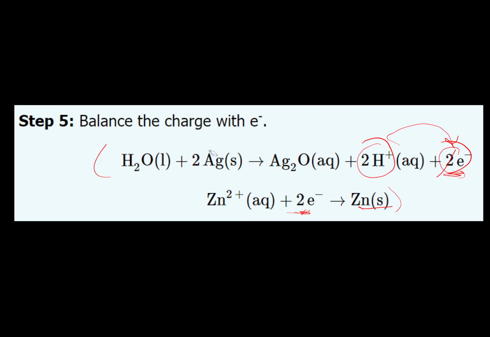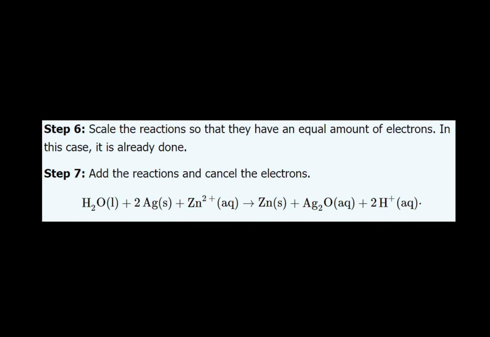So let me remove all of that. Electrons are here, we cancel electrons, but we don't have any protons or water to cancel because they're not in both equations. So all we do is cancel the electrons and put the equations together. So that is what we have, a beautifully balanced equation.